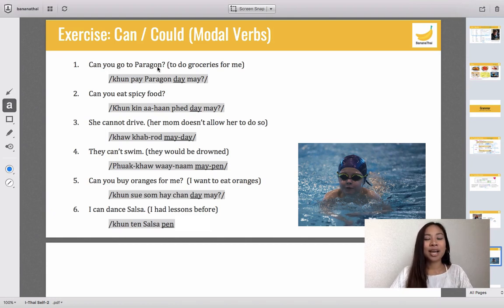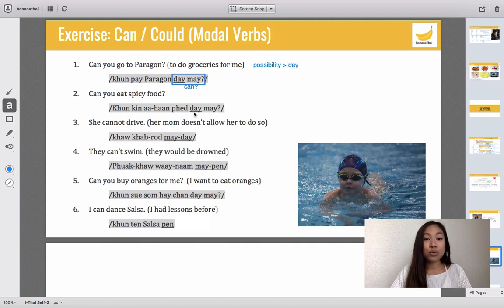The next example you will find in your student textbook, so let's do it together. Can you go to Paragon, to do grocery shopping for me, to buy some stuff for me? This would be a possibility, so definitely you use the word ได้. Subject comes first: คุณไป Paragon ได้ไหม, ได้ไหม for a question. Next one: can you eat spicy food? คุณกินอาหารเผ็ดได้ไหม.